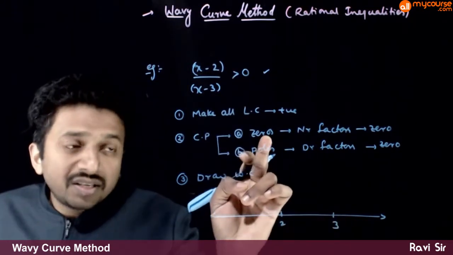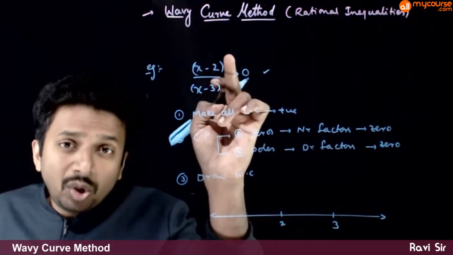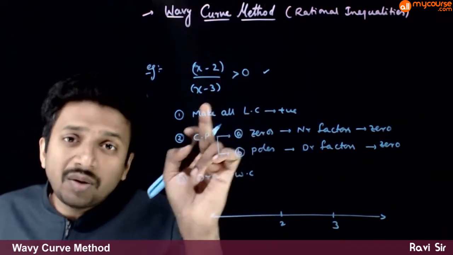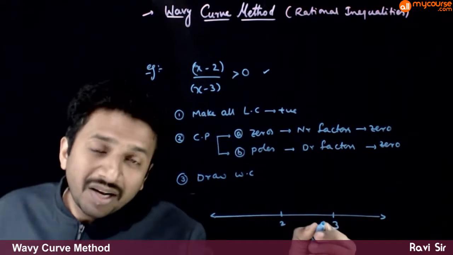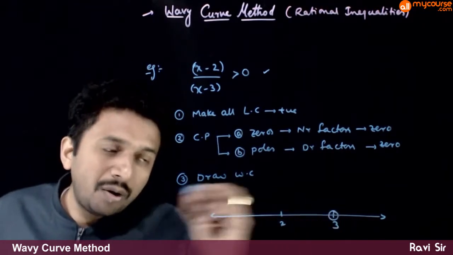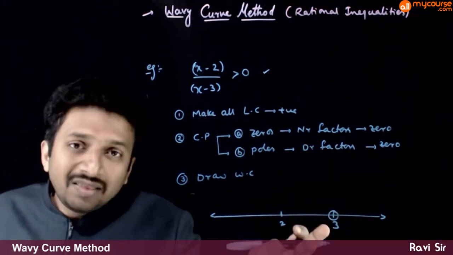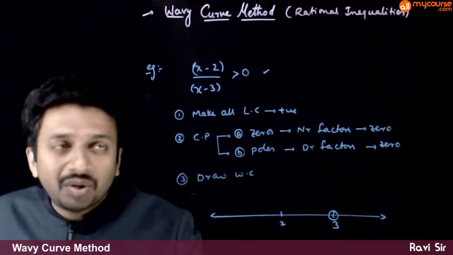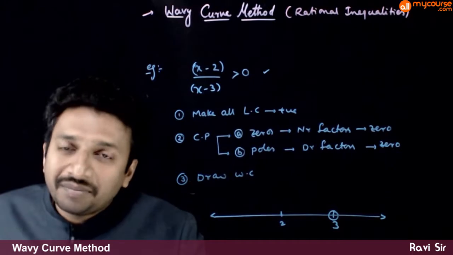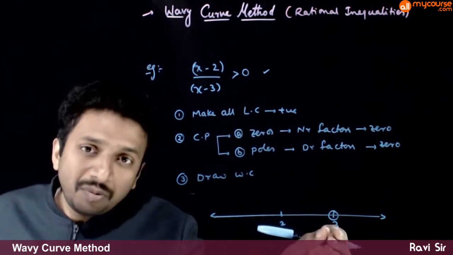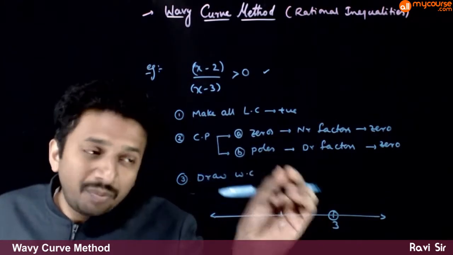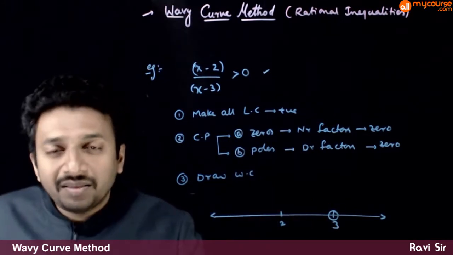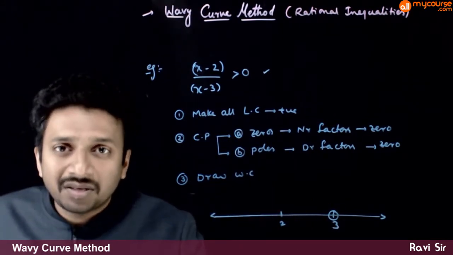Out of this, x equal to 2 is the zero, and x equal to 3 is a pole. Whatever are the poles, we take a hollow dot there. That means 3 will not be the solution for any of the inequality, because at 3 the expression is undefined. Once you identify the poles with hollow dots, the remaining wavy curve remains the same.